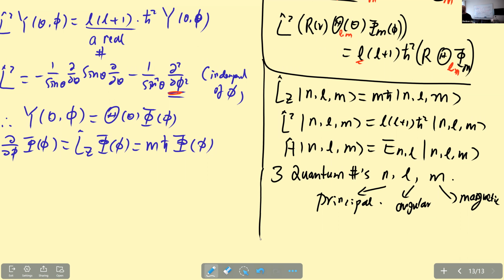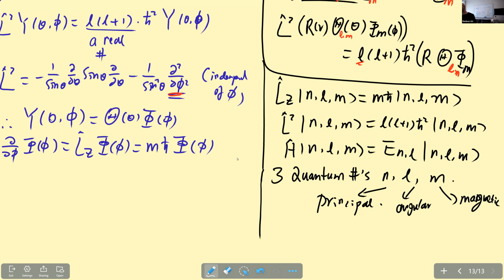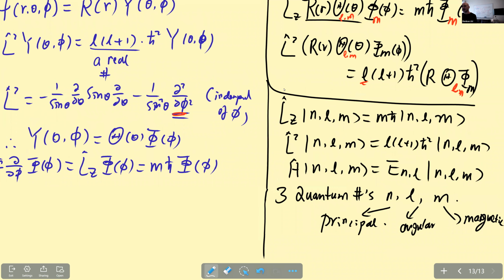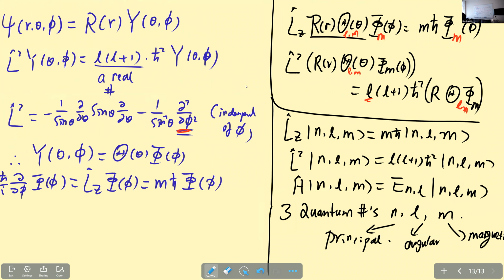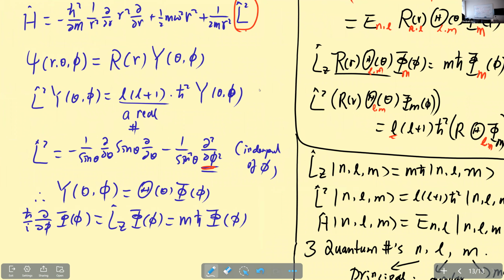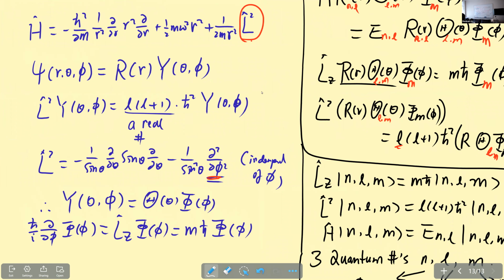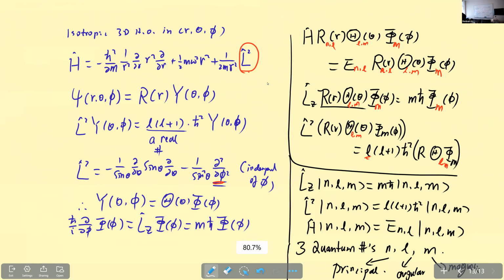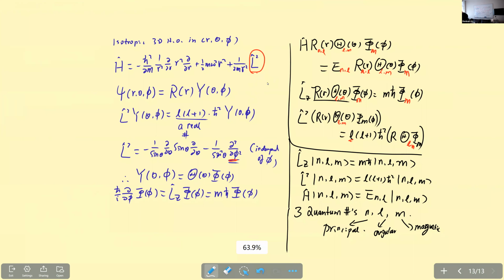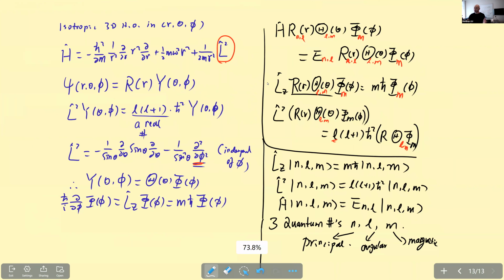We're going to find more specific forms of these solutions, but that gives us the general structure of the solution in spherical coordinates. It looks more complicated than the solutions in Cartesian coordinates.